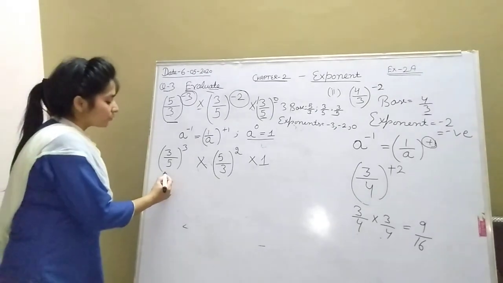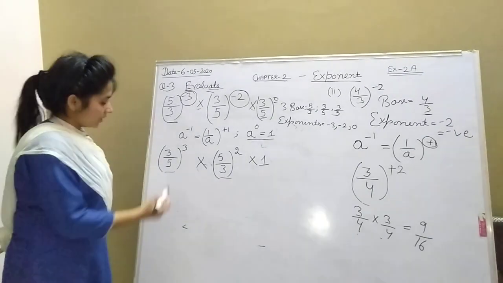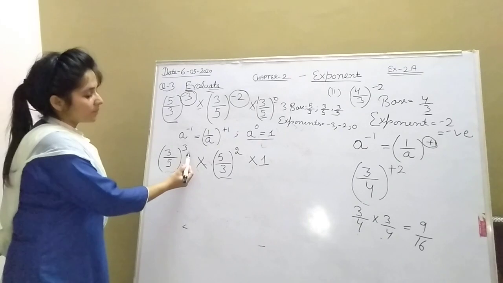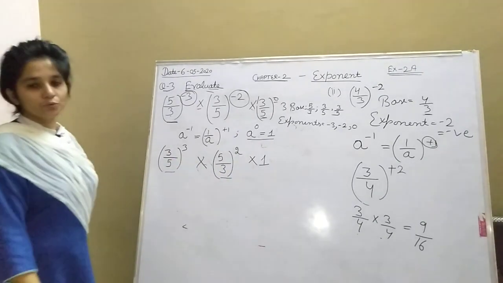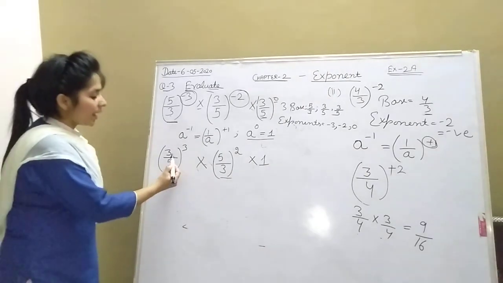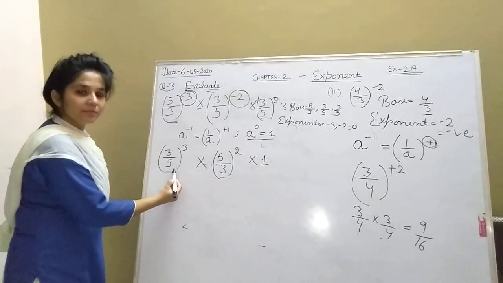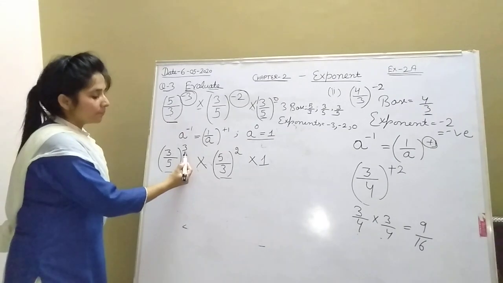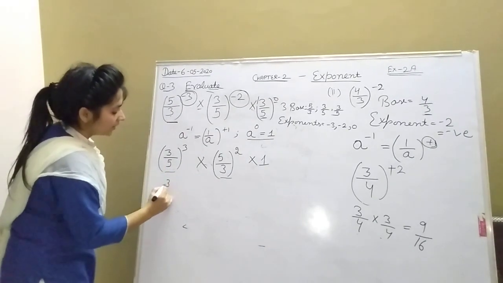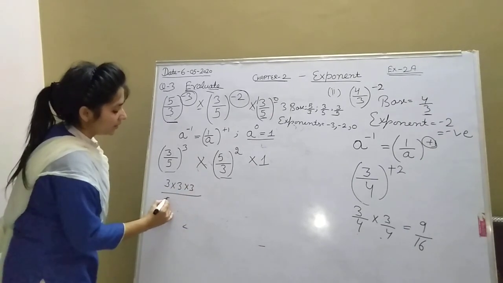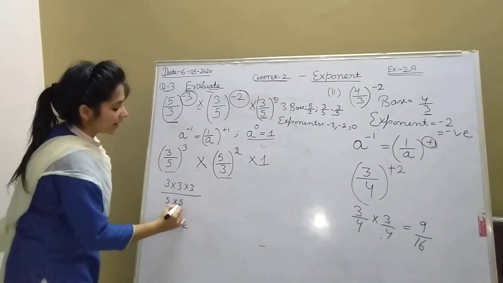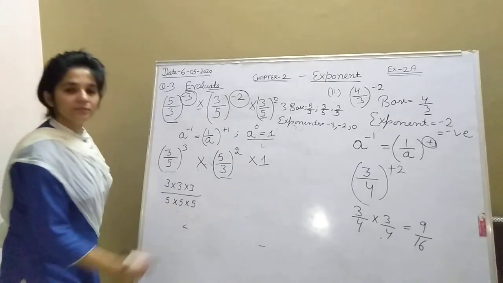Now we have two exponential forms, 3 by 5 raised to power 3 and 5 by 3 raised to power 2. Now we will expand 3 by 5 three times. You can write it 3 multiply 3 multiply 3 divided by 5 multiply 5 multiply 5.